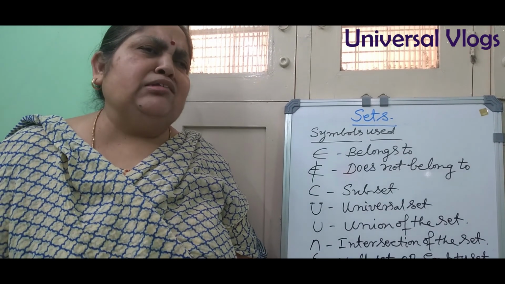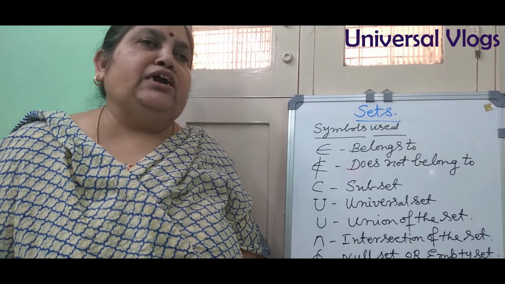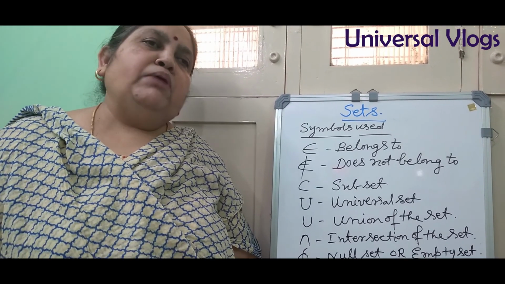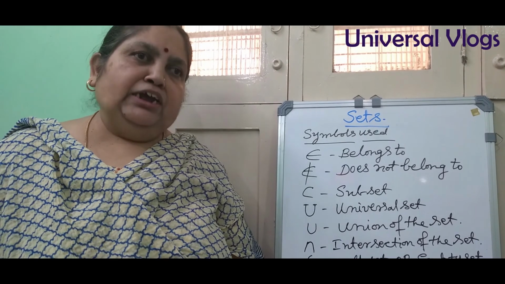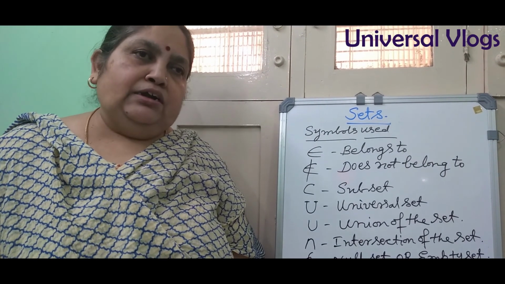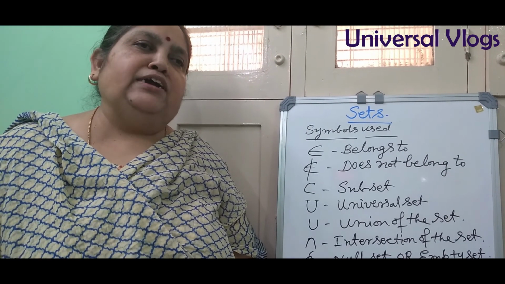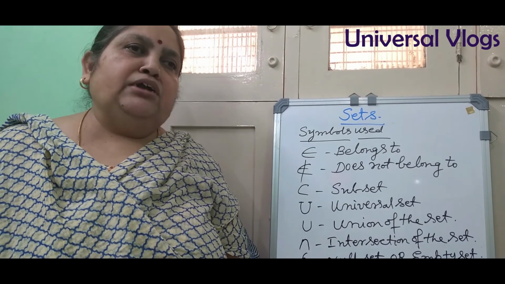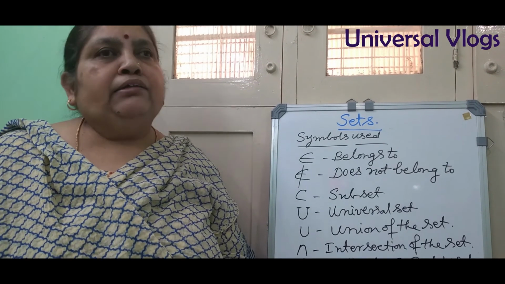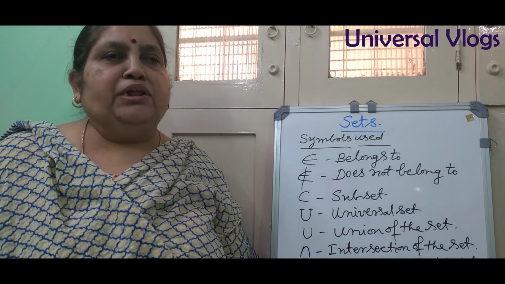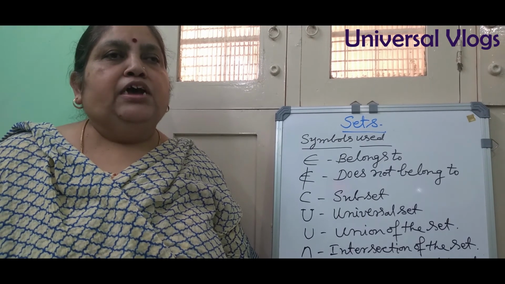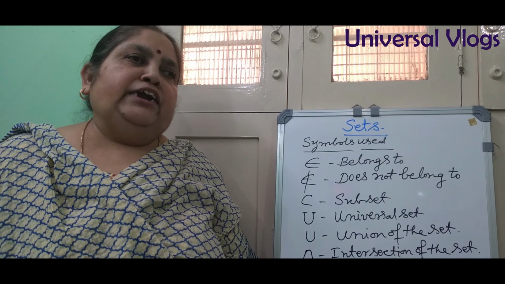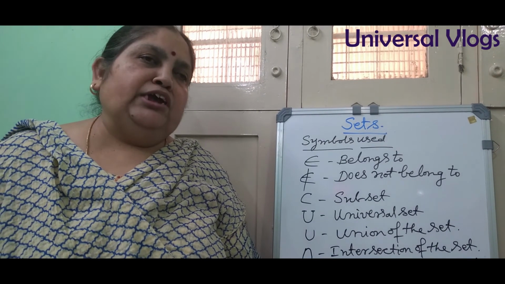Any school we can consider. The set of students studying in a particular school can be considered a universal set or main set, and from that we can form the subsets. So the set of students studying in first standard, third standard, ninth standard, and so on. Those are the subsets. We can frame the subsets from the main set and write them using the symbols, that is, notations also.